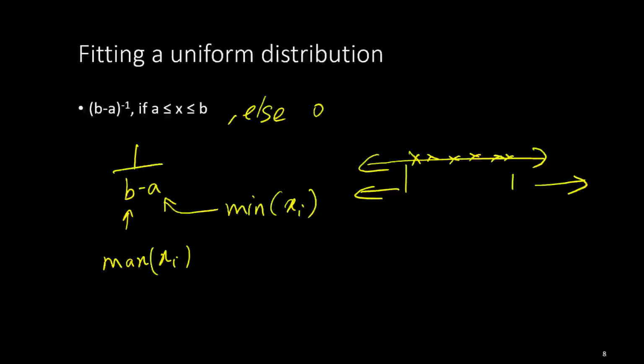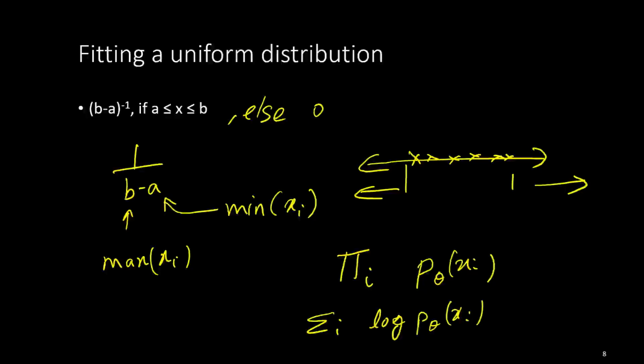So what is the likelihood of the data? The likelihood of the data is the product over i of p theta of xi, whatever the distribution is, and the log likelihood is going to be the sum over i of log of p theta of xi.